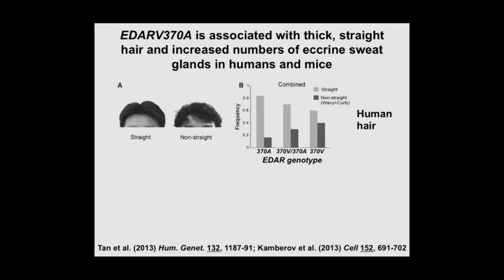And this is illustrated here, looking at Asian populations, and individuals who have either straight or non-straight hair. And you can see that if you have the 370A variant of EDAR, you're much more likely to have straight hair, whereas individuals with non-straight hair have a more or less equal chance of having either the A or the V variant.